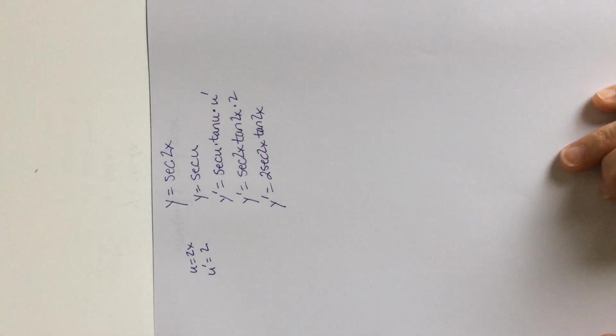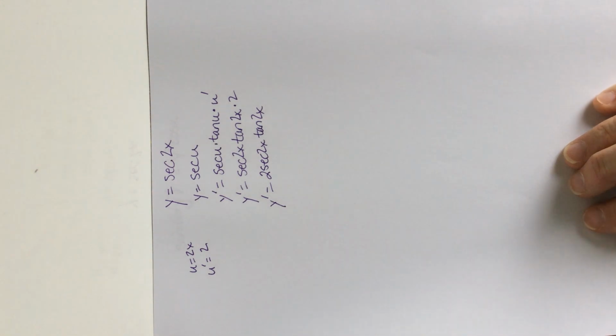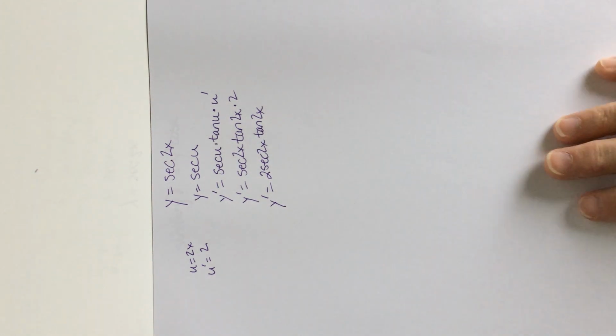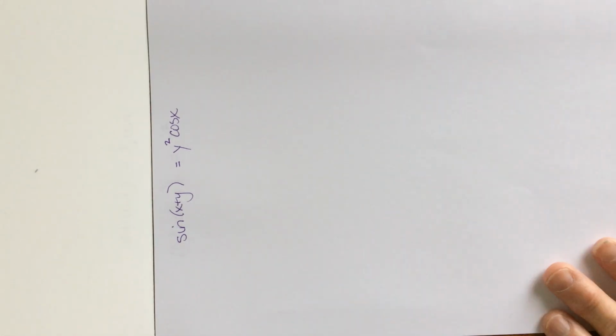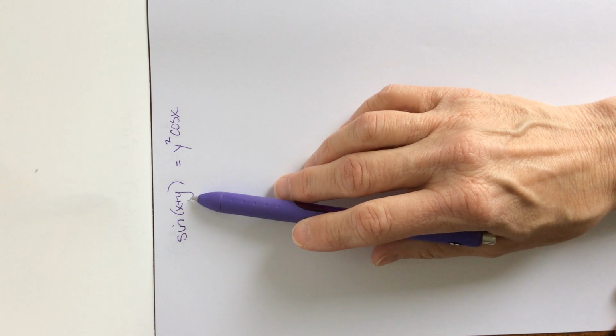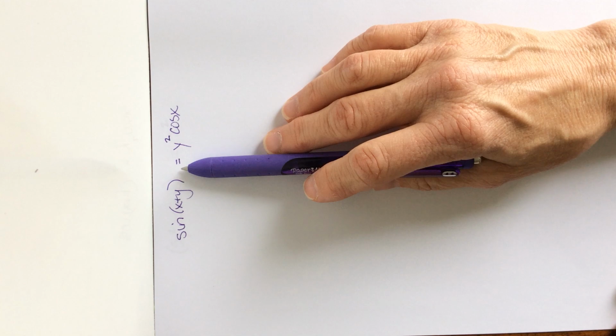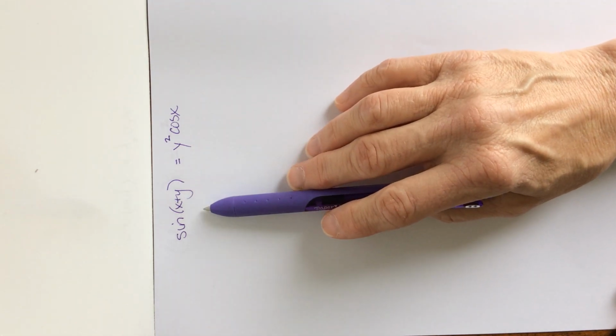So now what I want us to do is look at some examples that involve implicit differentiation involving the trig functions. So our next example we have is sine of x plus y equals y squared cosine of x. So for this example, I'm going to find the derivative of the left side and the derivative of the right side.